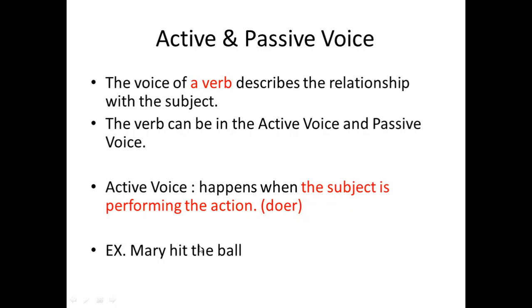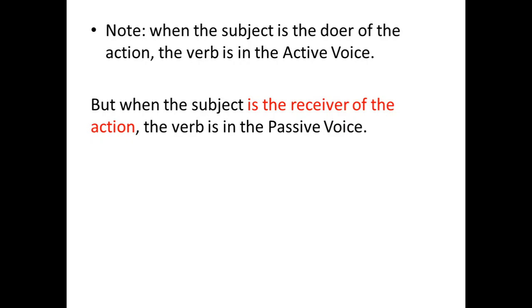So whenever you see a subject at the beginning of a sentence, be sure that we are dealing with an active voice. You always have a subject at the beginning of a sentence, which is performing an action. Good. A very important note to consider is the only difference between active voice and passive voice.